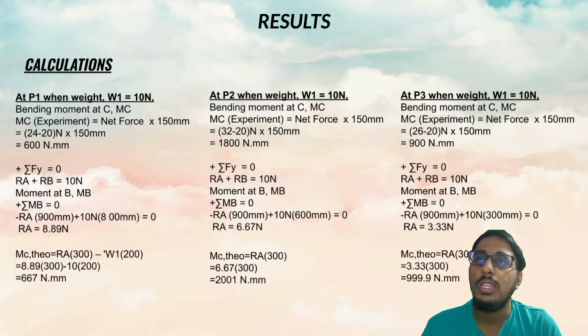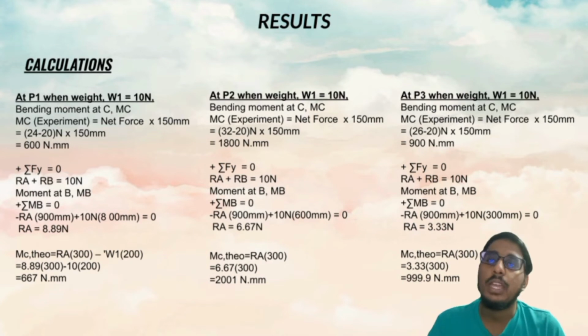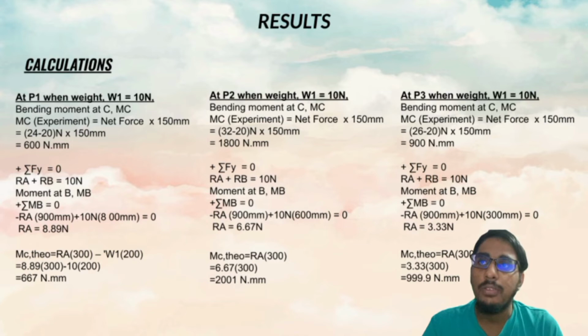Now these are the calculation steps that we have used. For example, we are taking P1 when the weight is 10 Newton. The moment at C is equal to net force times 150 millimeter, which is the distance from the point.